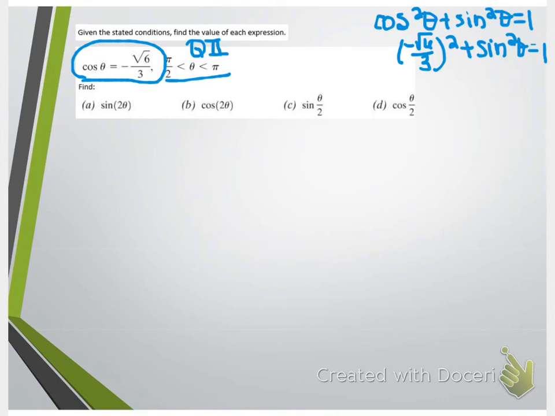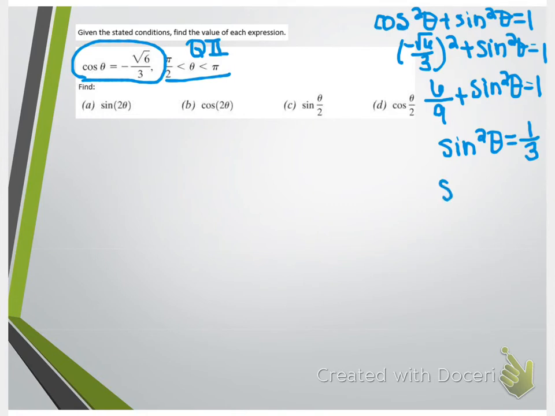So what is that? 6 over 9 plus sine squared theta equals 1. Subtract the 6/9. Well, 6/9 is the same thing as what? 2/3. So subtract that to the other side. We get sine squared theta equals 1/3.